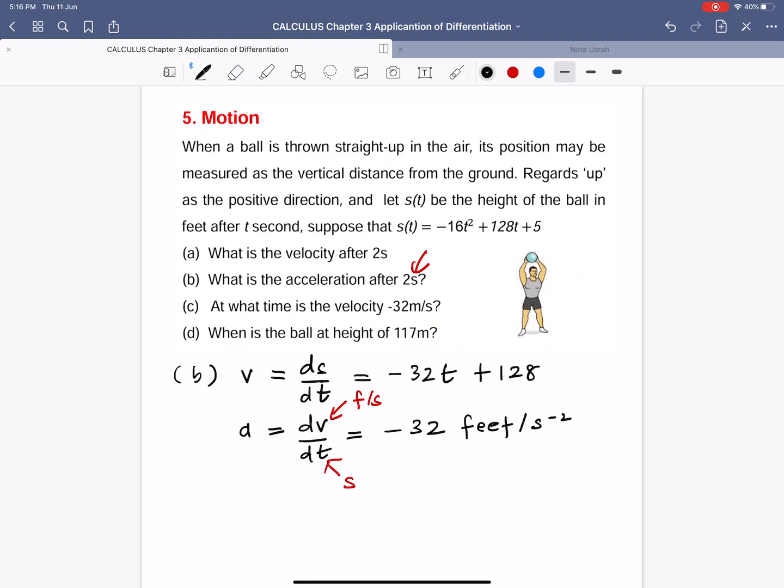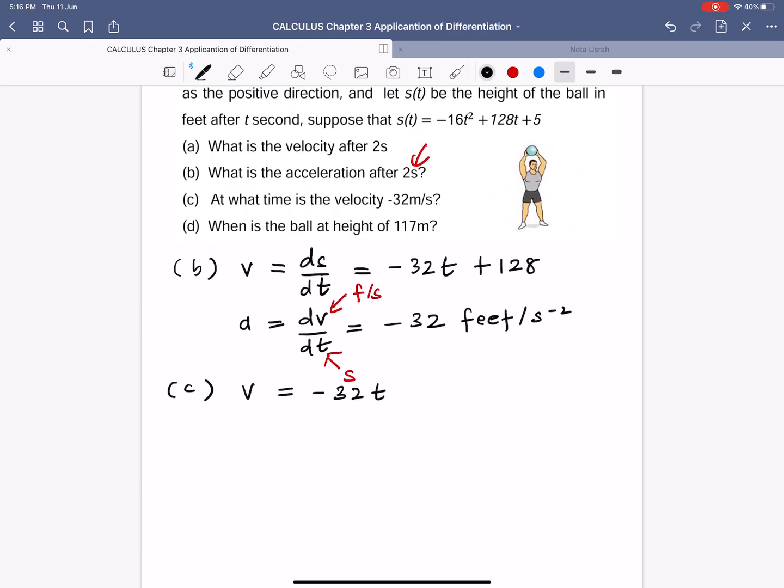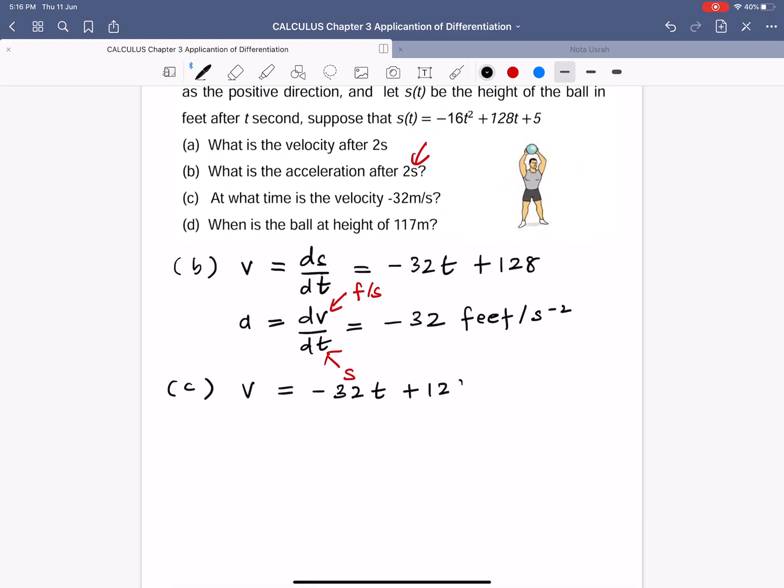Alright, next question C. At what time is the velocity negative 32 meters per second? Just now we know that our velocity is negative 32t plus 128. So we want to find the t when the velocity is negative 32.